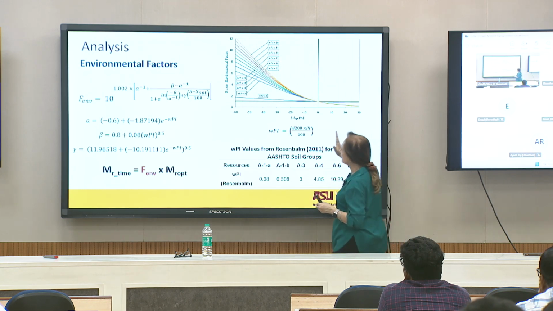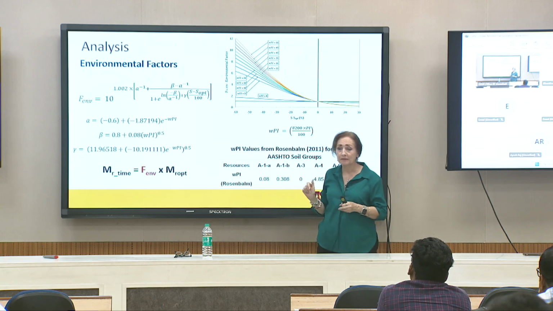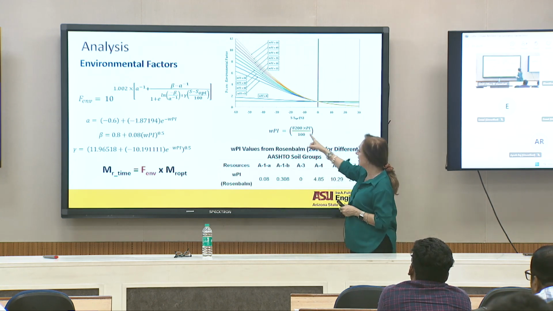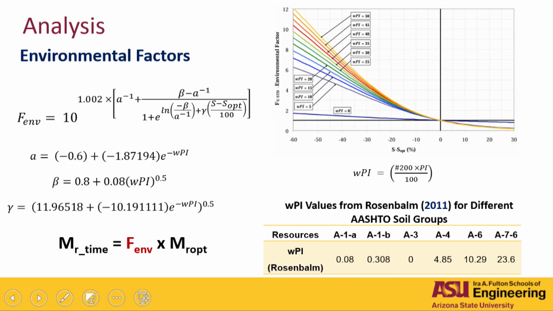But when you get into the drier condition and you get into soil that has a lot of clay, and WPI is nothing but the passing 200, the 75 micron passing value, multiplied by PI. That's how I relate the plasticity of the soil. Soils that have very high PI and WPI are clay materials.